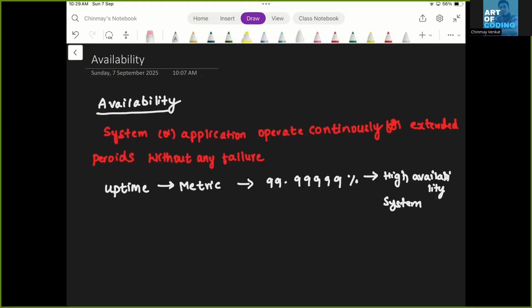Availability is the most important factor because, for example, in a live example, if you take Amazon, Amazon Great Indian Sale, even 1 minute of downtime of the Amazon application will cause a huge loss in revenue.